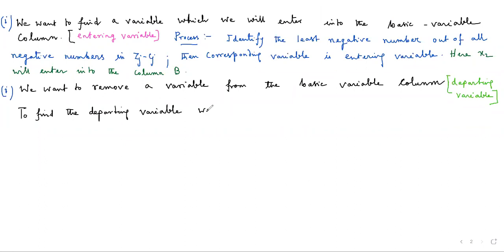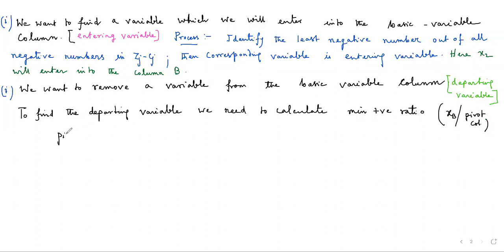we need to calculate the minimum positive ratio, whose formula is given by xb by pivot column. So what is pivot column then? xb by pivot column.